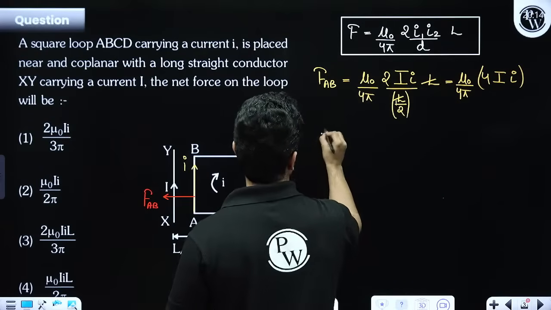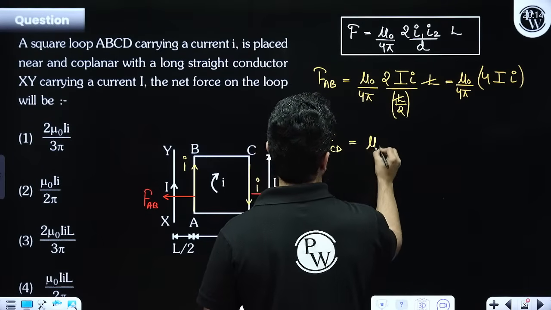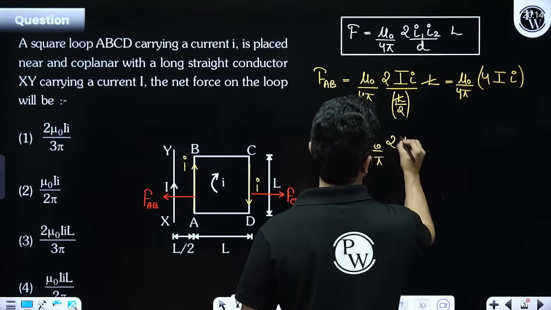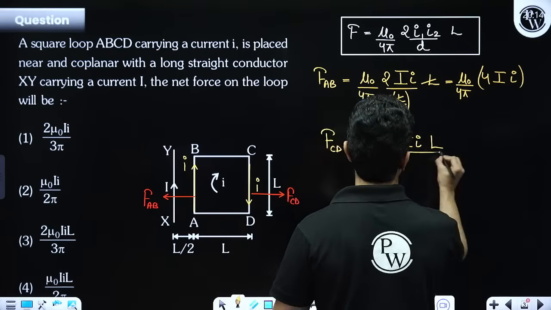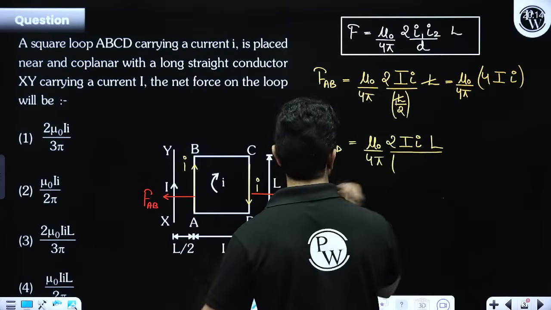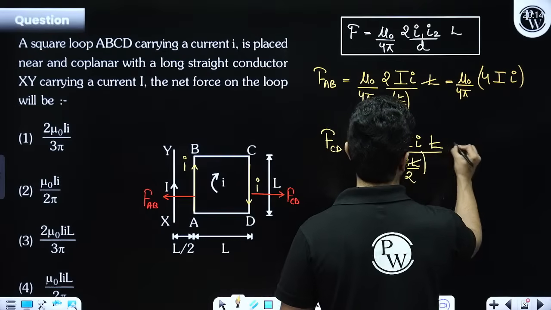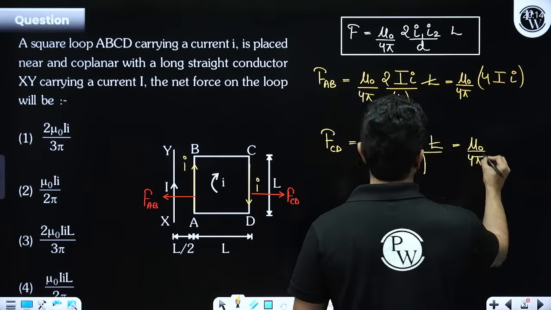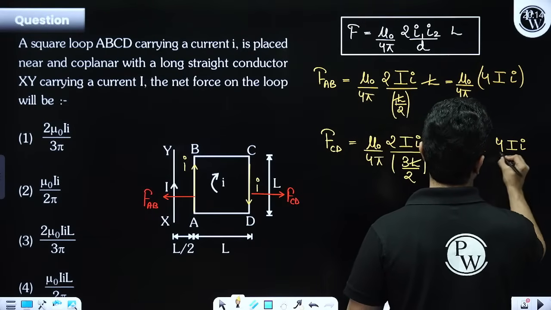And then again, let's find out FCD. So this will be mu naught upon 4 pi, again 2 capital I small I. Doston, length is capital L, and now this length will become 3L by 2. So this L will get cancelled out and you will get mu naught upon 4 pi, and you will get 4I small I divided by 3.